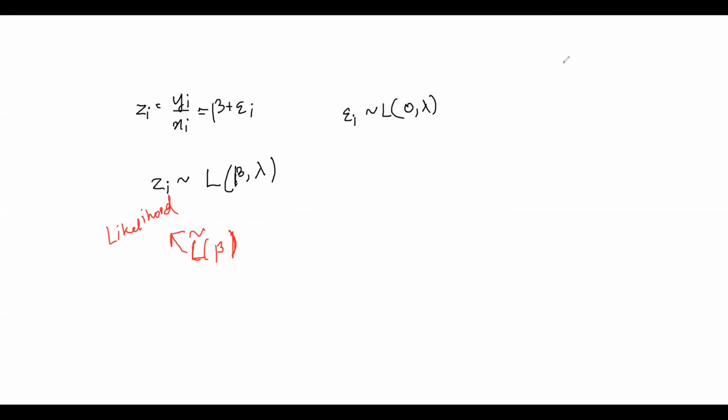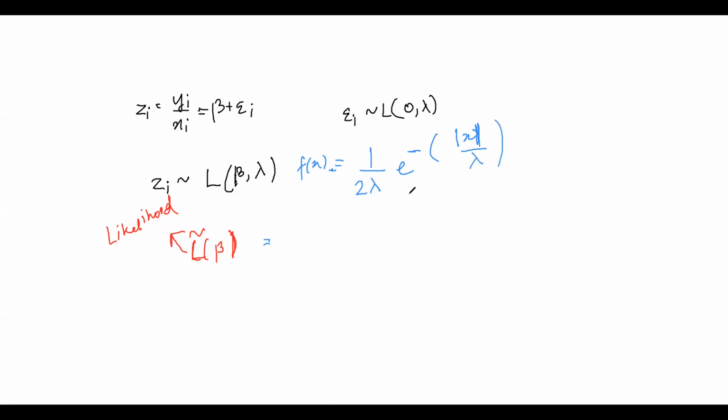If you observe this, it is the probability of the zi's, so the product of the densities of the zi's. If you remember the corresponding distribution, it's 1 by 2 lambda, e to the power minus modulus of x by lambda.